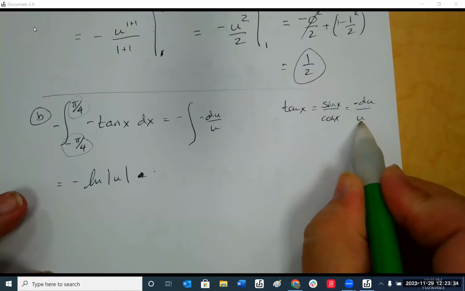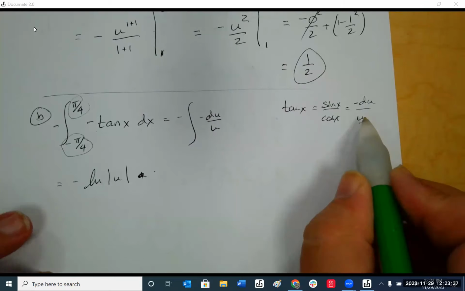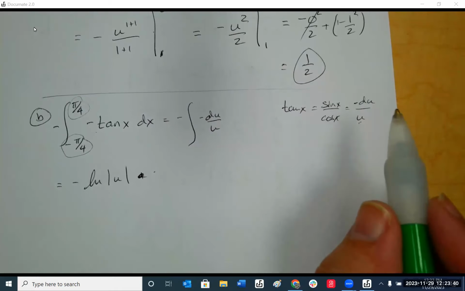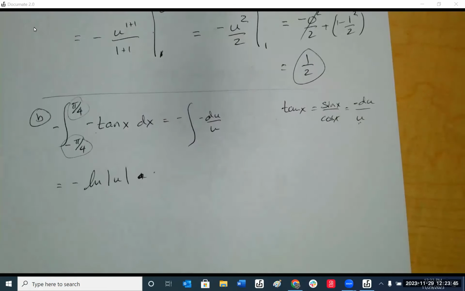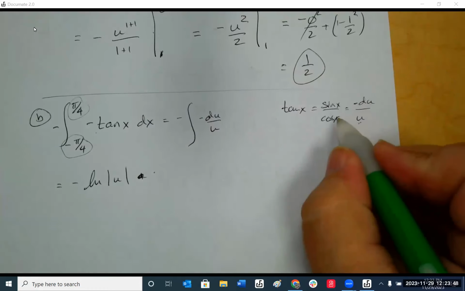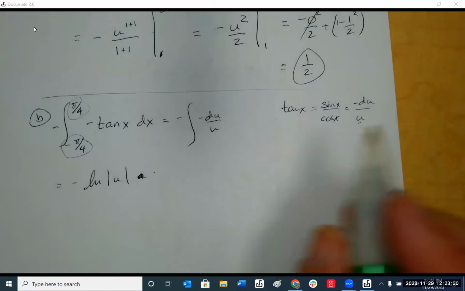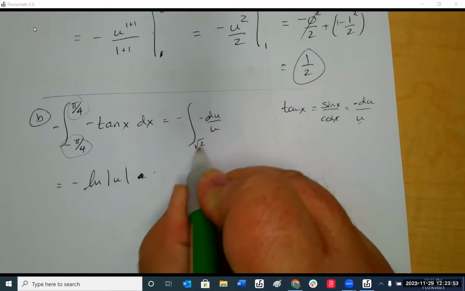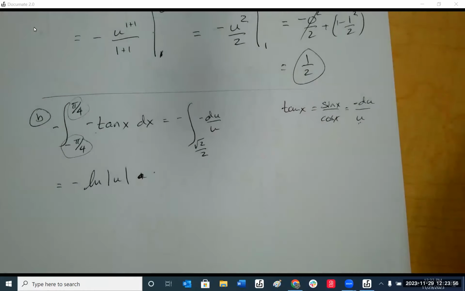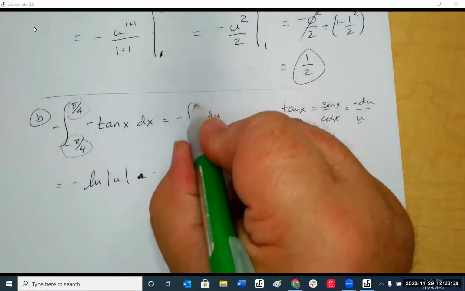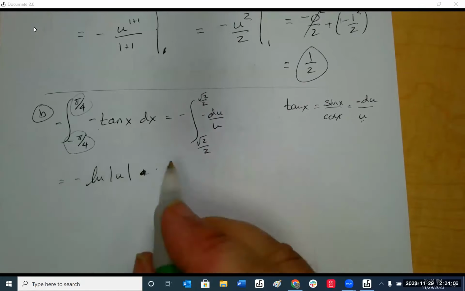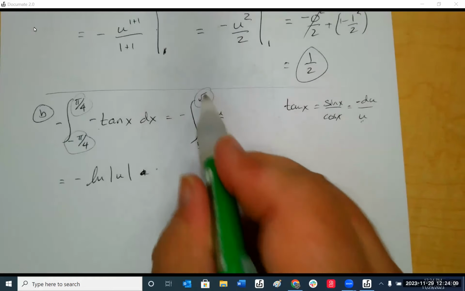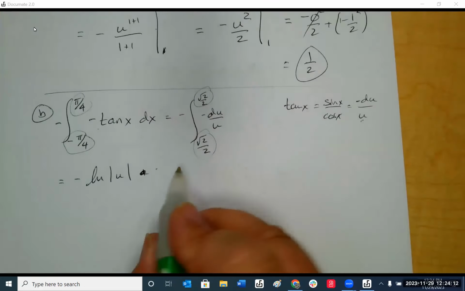So the u function, cosine at negative pi over 4 is square root of 2 over 2. And cosine of pi over 4 is also square root of 2 over 2, in the first and fourth quadrants. Since the bounds are the same, it equals 0.